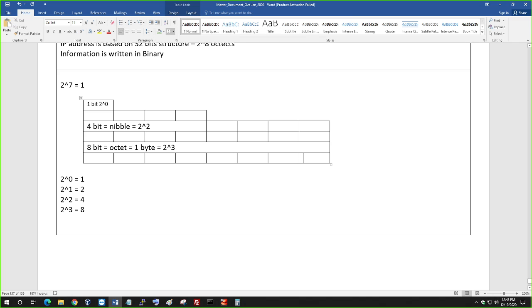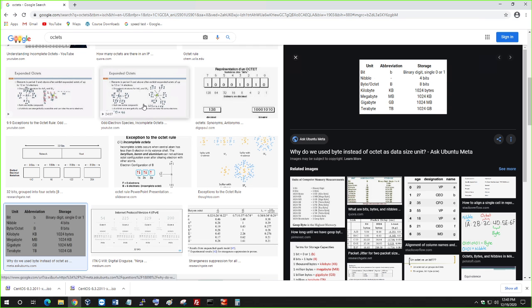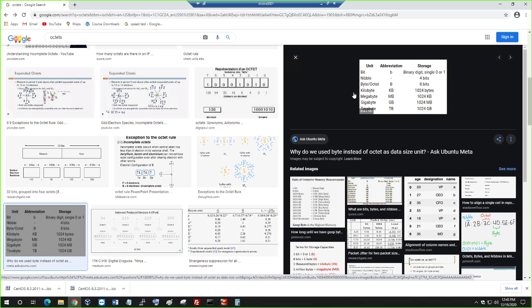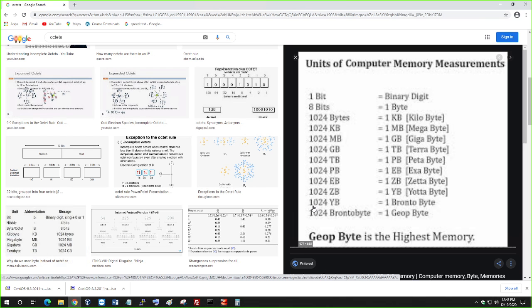Either you have zeros in there or you have ones in there, okay? This will become 1 byte. Now we are at the byte level here. So if I do a Google search here, 1 byte, we kind of have the answer over here. Binary digit, 8 bits. Okay, I kind of like this here.